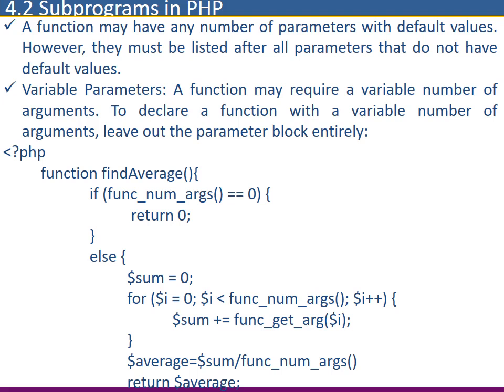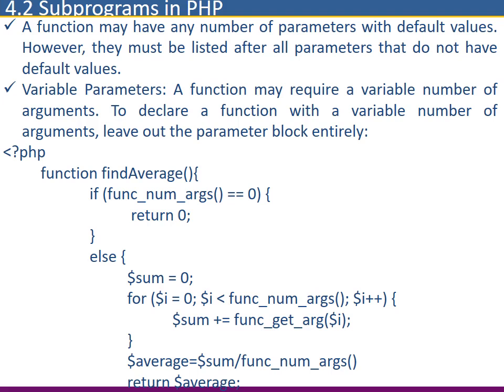So here we calculate the average under $average. After we add each of the arguments under the sum, we return the average. So the average is returned. After calculating the average, we return $average.